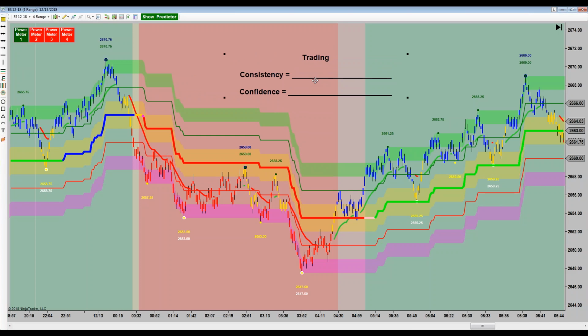So they are obviously tied together. Consistency and confidence go hand in hand, right? So what does that mean to everybody in regards to your trading? Just type in your thoughts. We'll take a minute, get some feedback from the team here. Consistency and confidence in your trading.